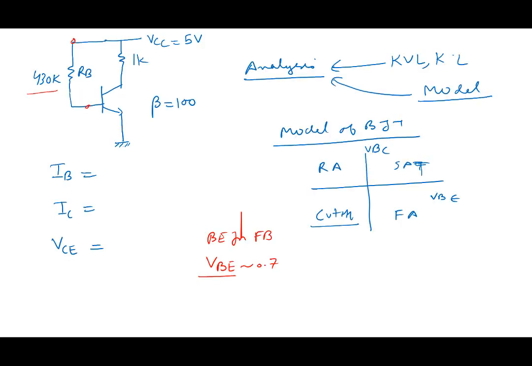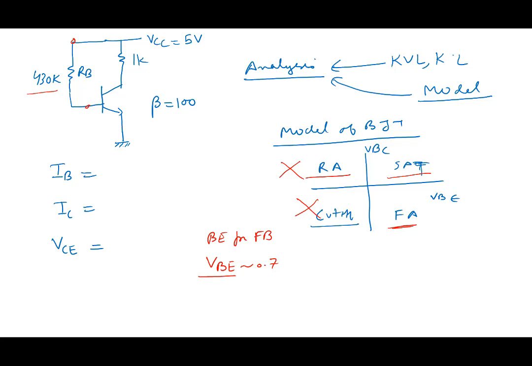The moment you have base emitter junction forward bias, it immediately rules out reverse active and cutoff. These are no longer the options. The possibilities are only forward active and saturation. Okay, we don't know.